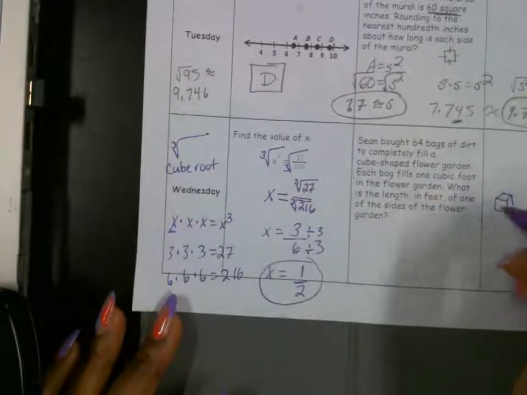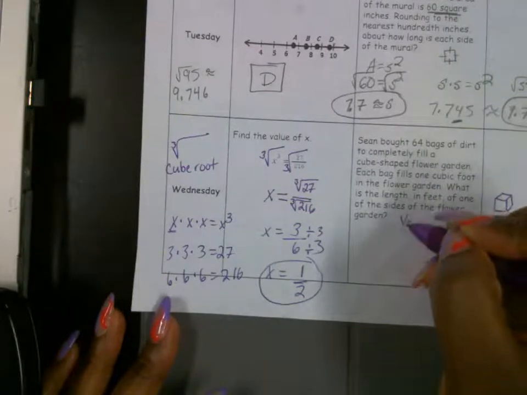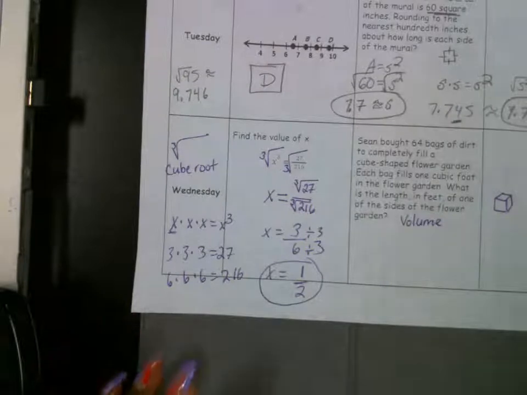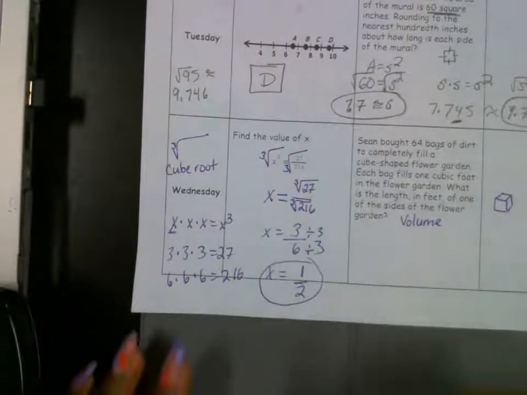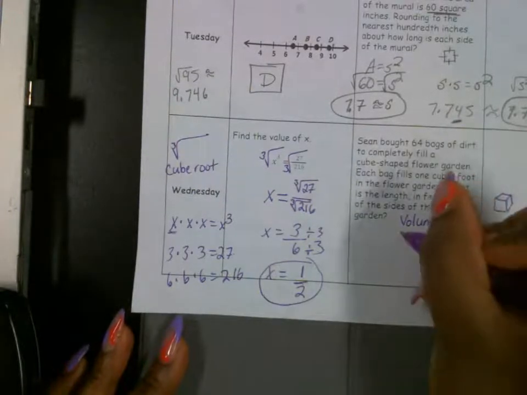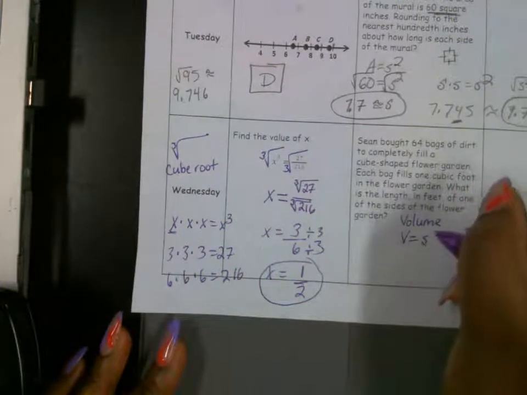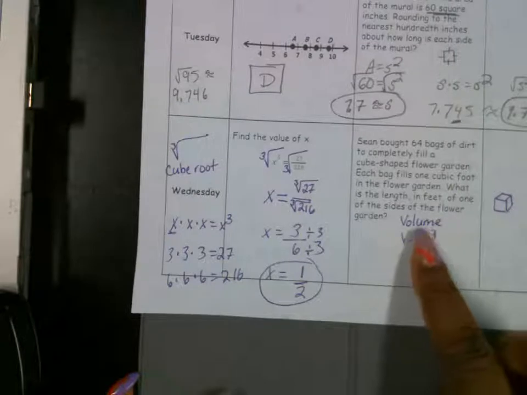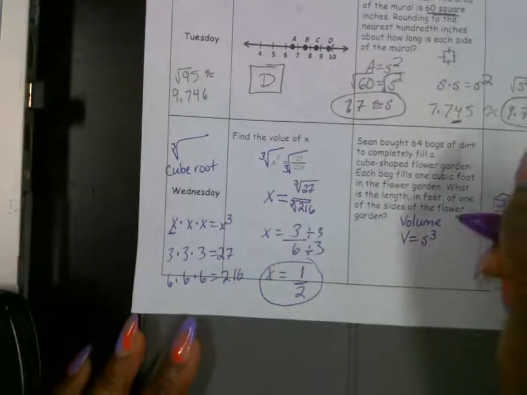The formula for volume of a cube, because we're talking about volume here, the length, the width, and the depth, how deep it is, is V equals S to the third power. This is volume of a cube.